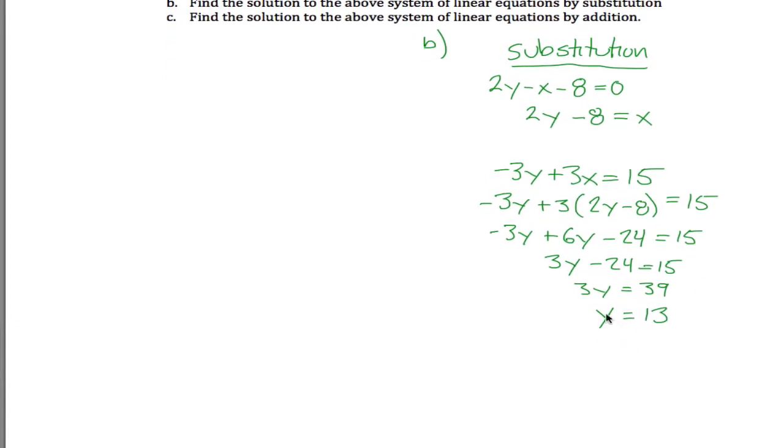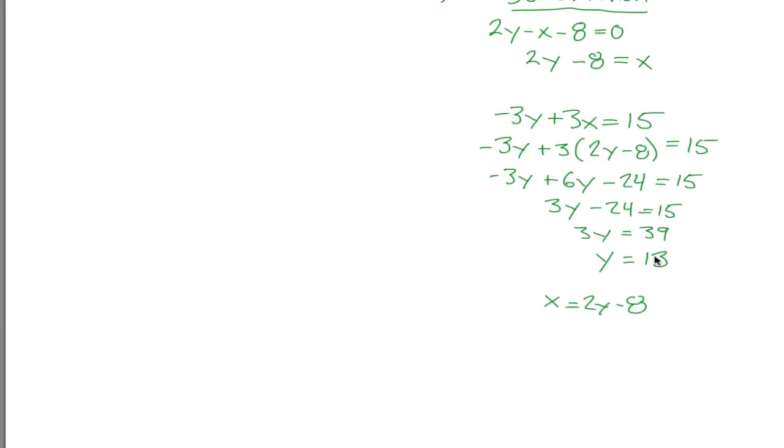And then you're not quite done here, but you're in pretty good shape. Now that we know what y is, we can take this equation here, that x equals 2y minus 8, and we can plug in what y is equal to, specifically 13. So we could say x equals 2 times 13 minus 8.